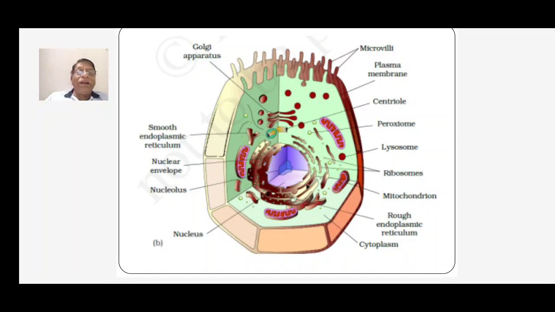All the cell organelles of the plant cell are here; I will tell you the differences. You can see now the presence of mitochondria, the pinkish cylindrical structures. You can see the Golgi apparatus just above the nucleus.